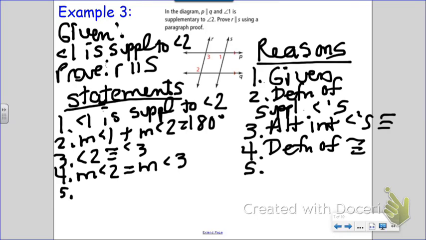So if we substitute in angle 3 for angle 2 in statement number 2, we get the measure of angle 1 plus the measure of angle 3 equals 180. And that's substitution.